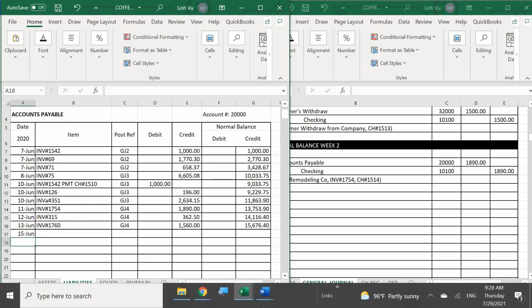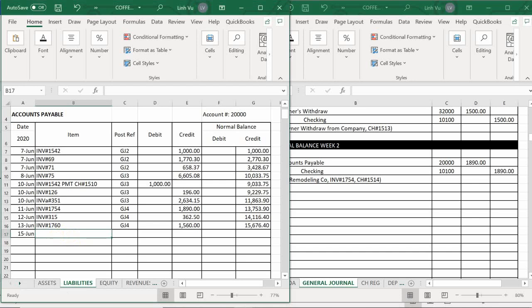Okay. Invoice number 1754. Since I have an invoice 1754, I also want to make a little note here that I'm making a payment to it, right?